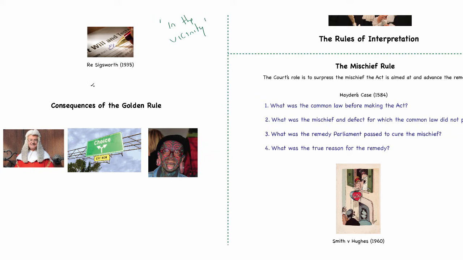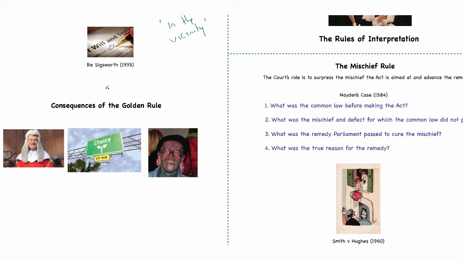So because she hasn't made a will, all of her money goes to him, but he's the person that's killed her. The court applied the golden rule here, holding that an application of the literal rule would lead to a repugnant result. And they said that he was entitled to nothing. So you can see how the golden rule starts to remove those absurd results.